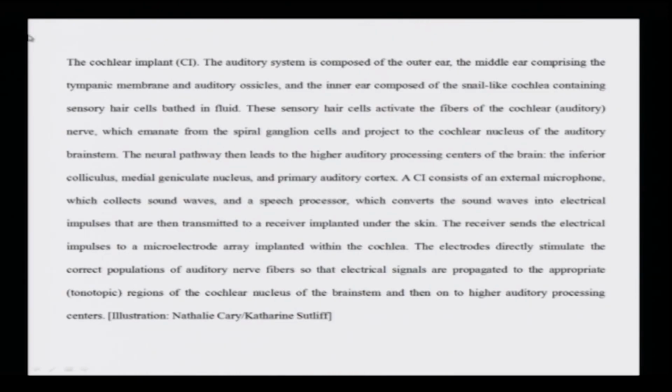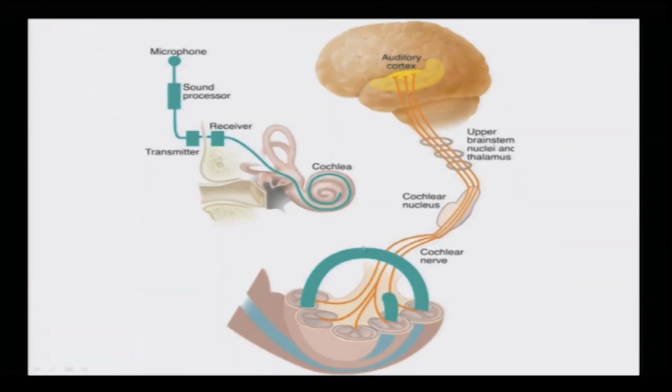After the receiver, it sends the electrical impulses to the microelectrode array implanted within the cochlea. All these MEAs we have studied from the beginning, and this is where they are finding their applications. This is why the MEA has to be studied, to understand how cell-electrode interfacing is such an important criterion before all these kinds of implants will be successful. Now, coming back to the slide.